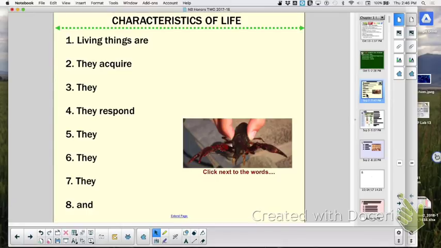What am I doing there? Maintaining homeostasis. I want my cells to stay the same even though my environment changed. When I made babies, and I made 2 of them, what was I doing there? Reproducing. When I fed them, they were growing and developing. Exactly.